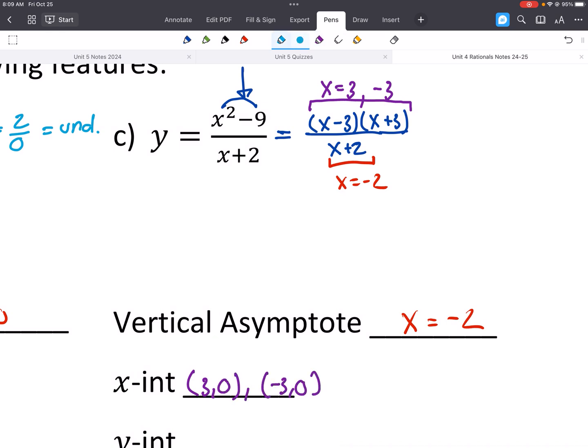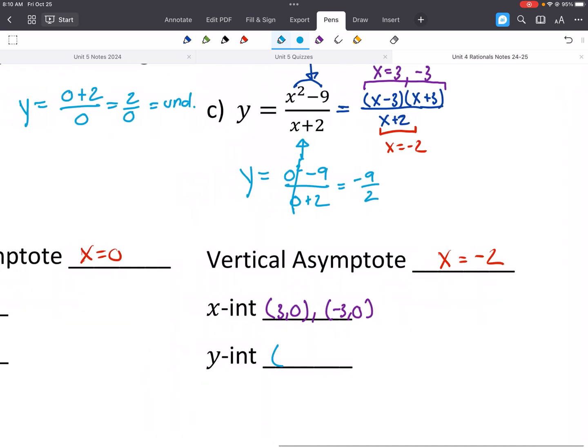And then the y-intercept, again, we just set x to 0. So I'm going to actually use this form. I think it's a little easier in standard form. So we get 0 squared minus 9 over 0 plus 2. So that's just gone. And we just get negative 9 halves. So we'll have (0, -9/2).